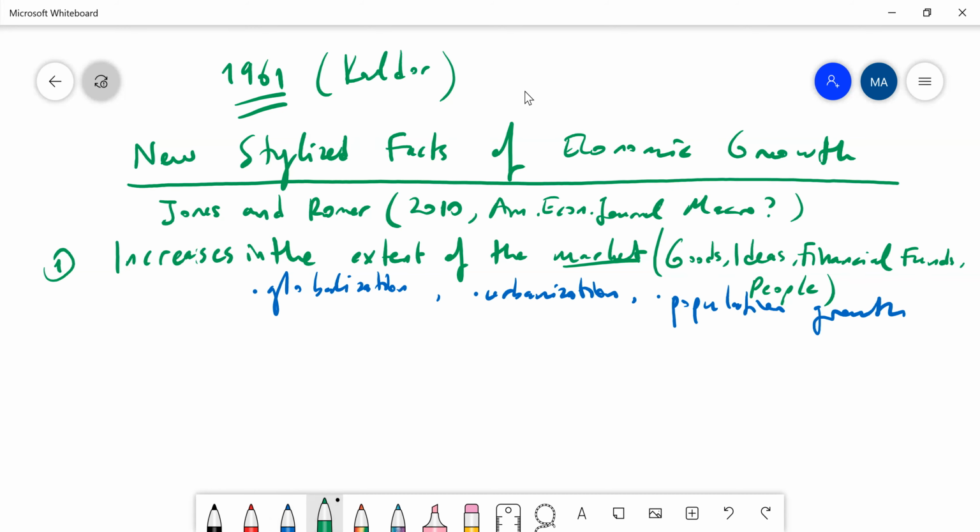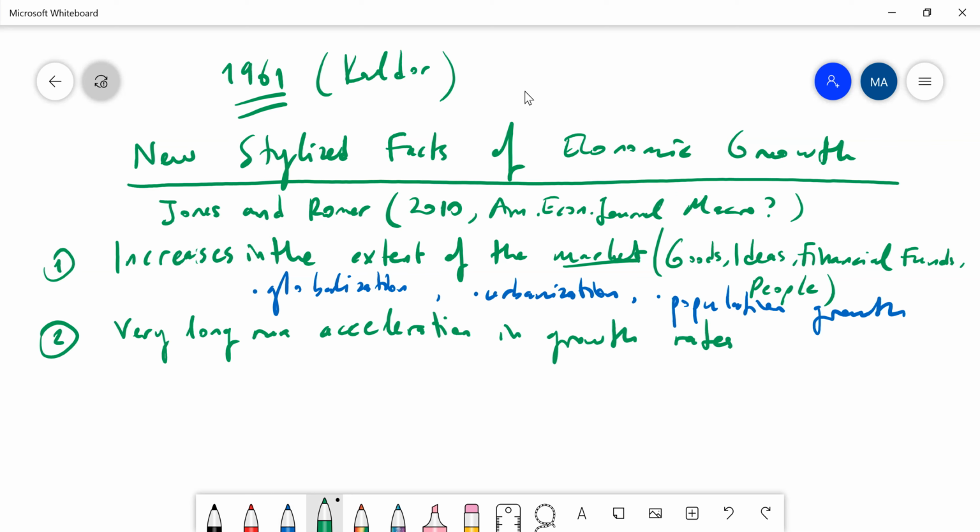Now the second thing is the very long run acceleration in growth rates. So what do I mean by that? Well, what I mean is this.